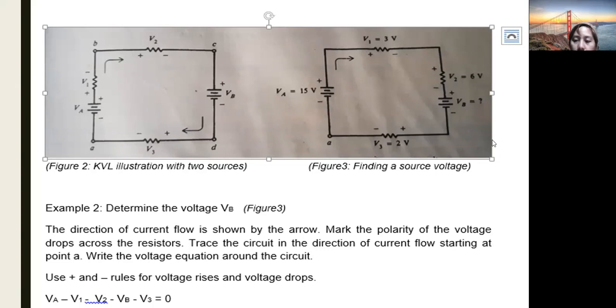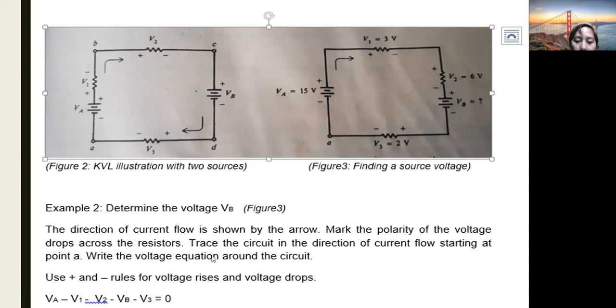You are going to mark the polarity of the voltage drops across the resistors, tracing the circuit in the direction of current flow starting at point A. So this is point A, and it goes there. Let's just follow the direction of the arrow.